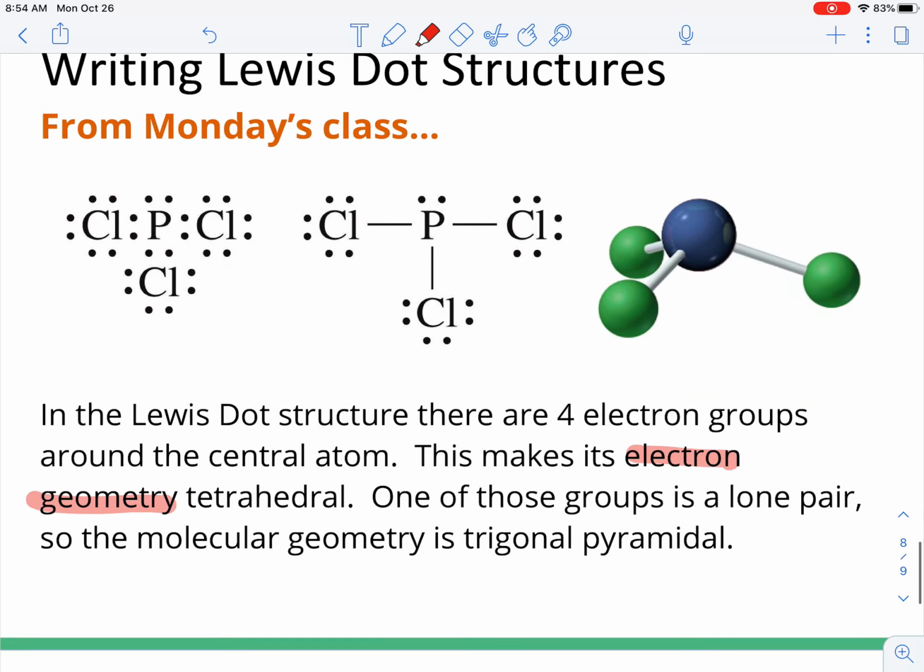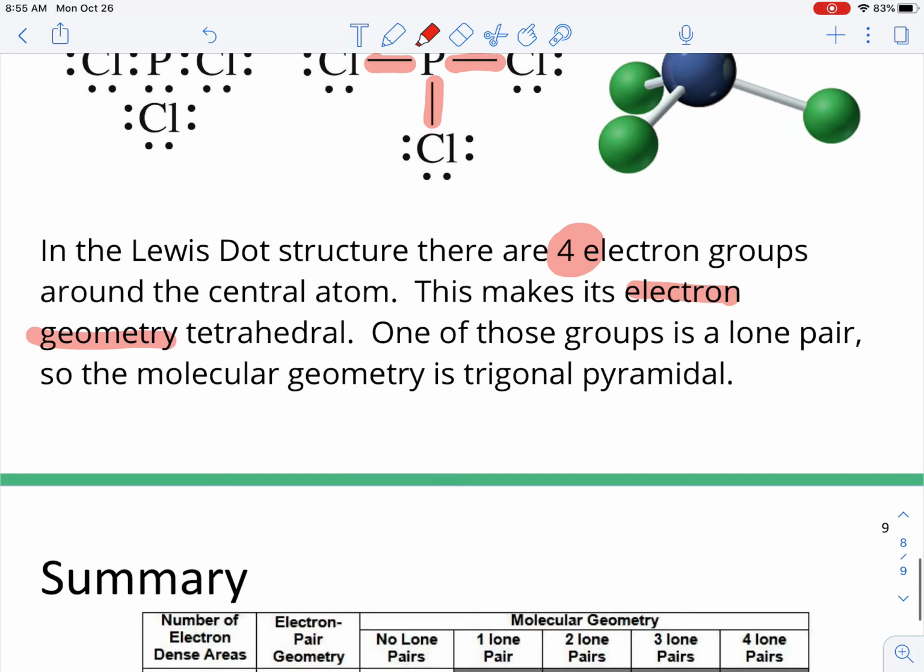I'm going to look at this structure here and identify how many groups are around the central atom. By groups, that can mean bonds or lone pairs. So here's 1, 2, 3, 4. That's how we got there are 4 electron groups around the central atom. That makes its electron geometry tetrahedral.